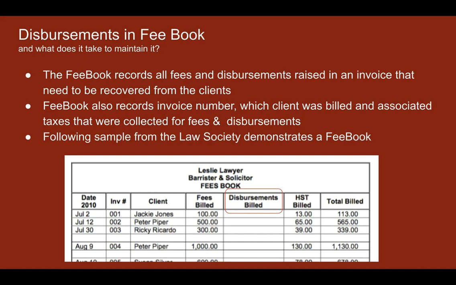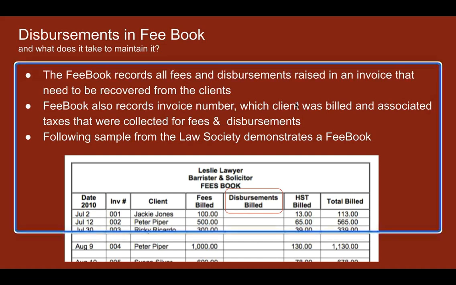The fee book also records other details such as invoice numbers, the taxes, and the fees associated with legal fees and disbursements. The sample you're seeing here on the screen is exactly how a fee book will look if you're using our program. It has all the details that Law Society needs or demonstrates a fee book as.